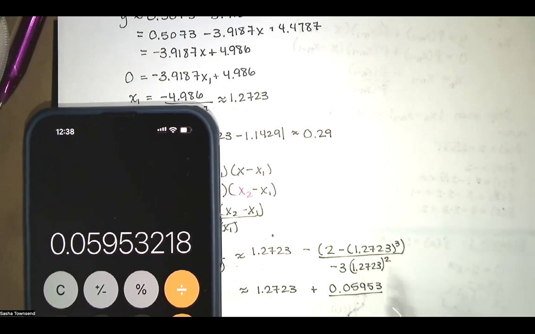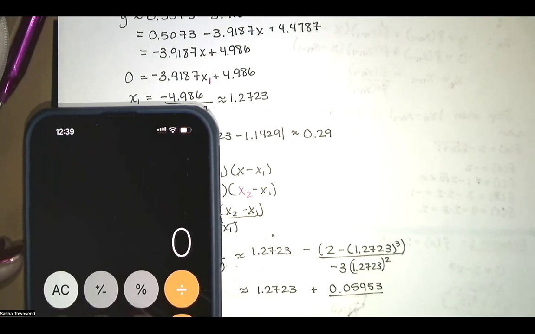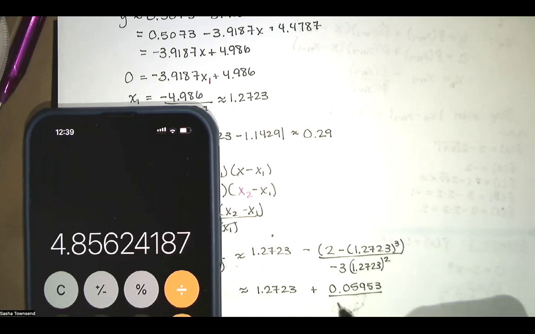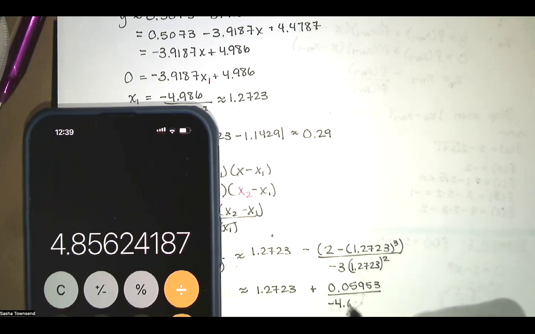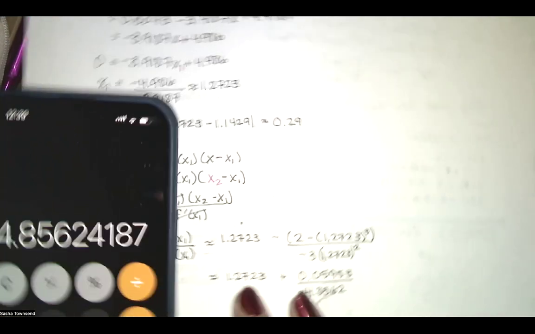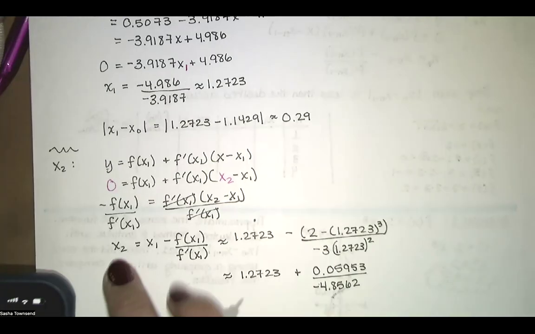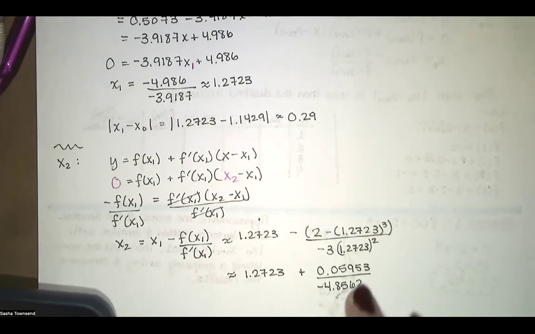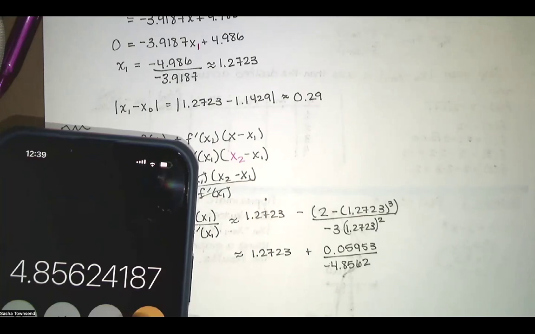And then we're dividing by this negative 3 times 1.2723 times 1.2723. And so I have a negative 4.8562 there. So the new x value, x2, is this minus this number.